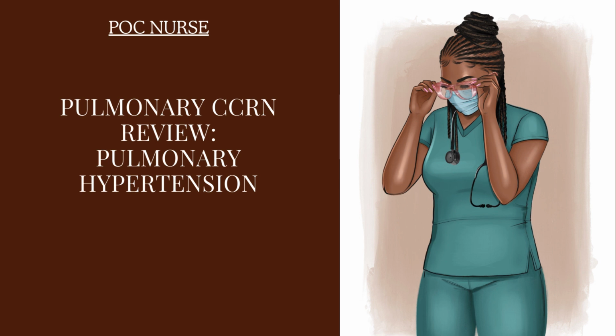But in the case where we have pulmonary hypertension, the lungs are no longer a low pressure system. They become a high pressure system for the right ventricle to pump into. So if the pulmonary hypertension persists and the right ventricle has to pump into this high pressure, at some point it's going to start to fail.